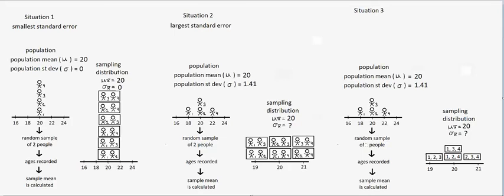You can see here how the sample mean could come out to anything between 19 and 21. And yeah, so a big standard error means that the sample mean is likely to be further out from the population mean, and a small standard error means that the sample mean is likely to be closer to the population mean.